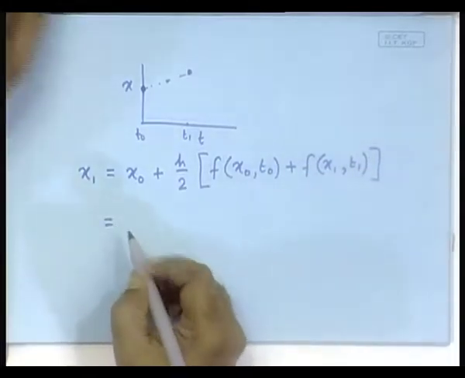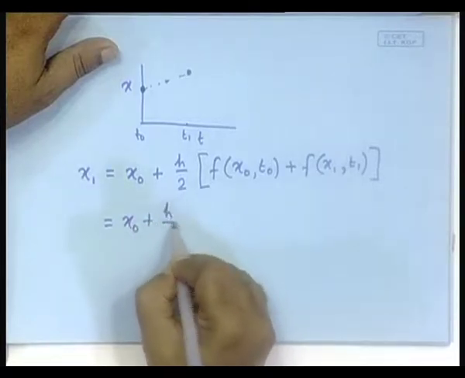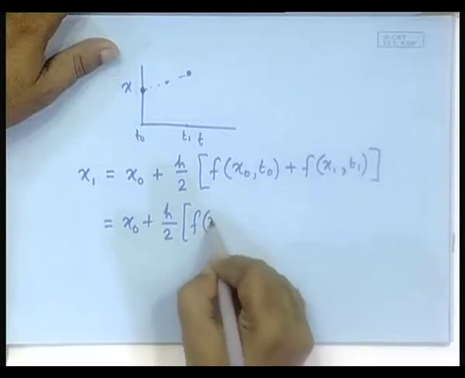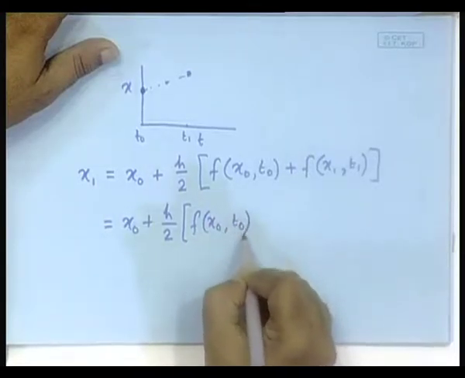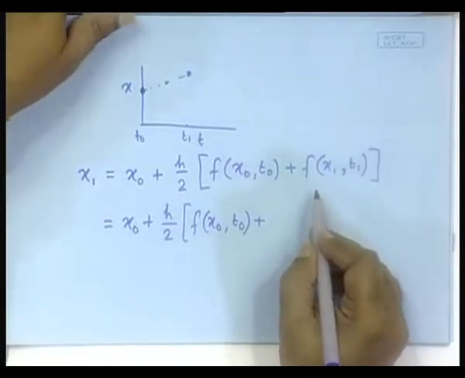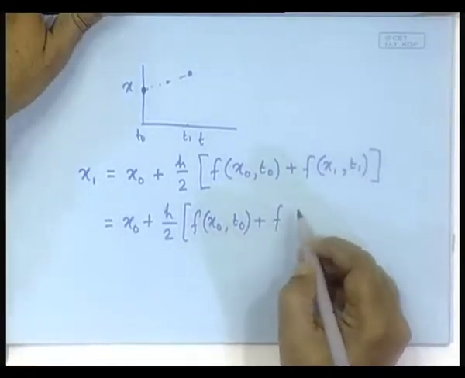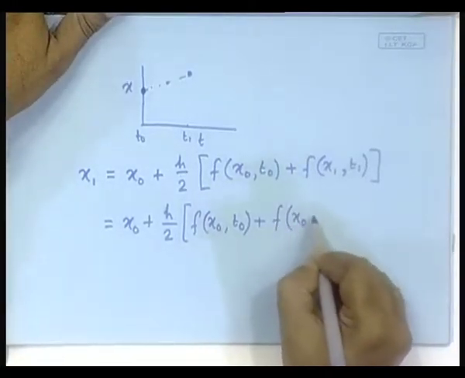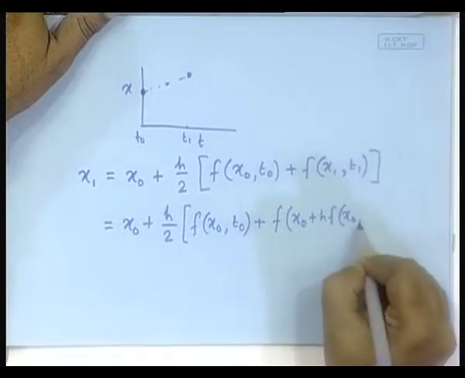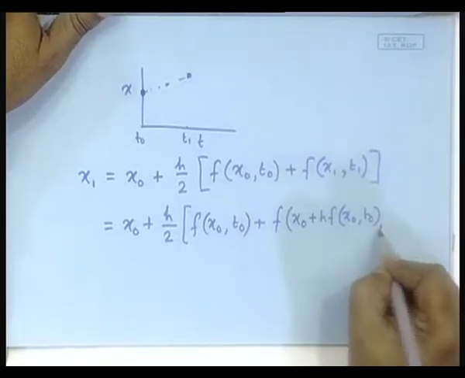So, we have x naught plus h by 2, it would be f of x naught, t naught, plus this whole thing, f of x 1, which was x naught plus h f of x naught, t naught, comma t 1.